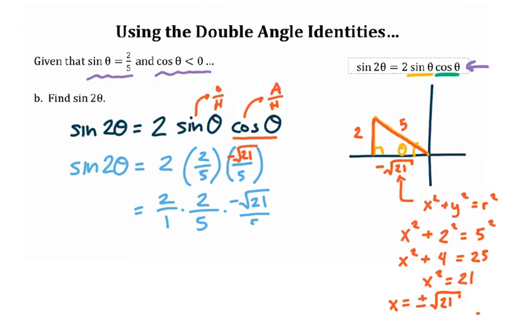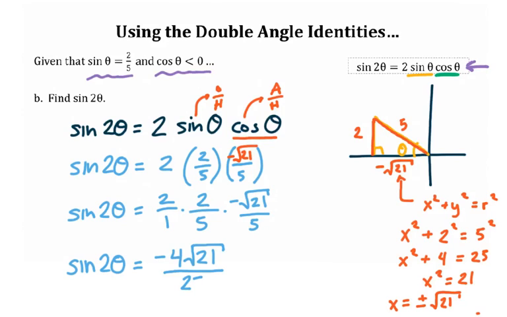So since we're multiplying fractions, we can just multiply straight across the numerators and straight across the denominators. I don't see any cross cancellation. So when we multiply in the numerators, 2 times 2 times the negative square root of 21 could be expressed as negative 4 times the square root of 21. In the denominators, 1 times 5 times 5 sounds like 25.